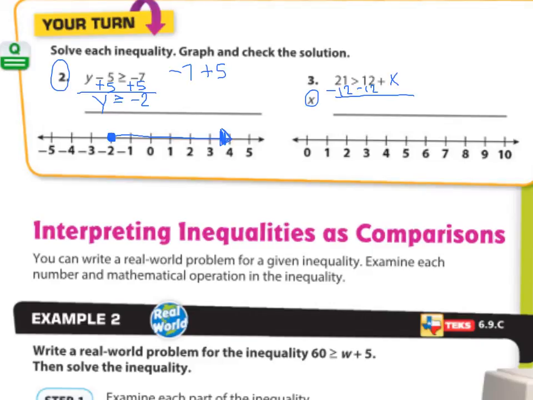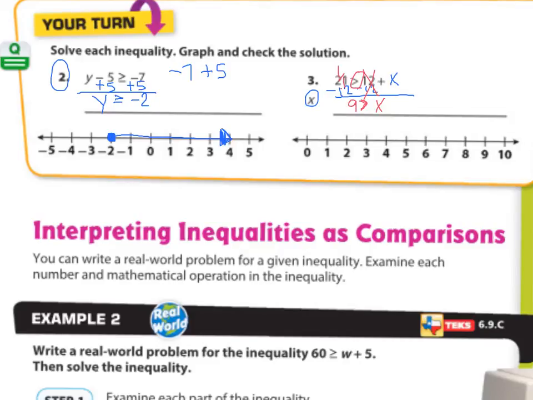Okay, over here we cancel those out. 12 minus 12 is 0, so all we're left with is x. Just drop that down. And then 21 minus 12 is 9. So 9 is greater than x.